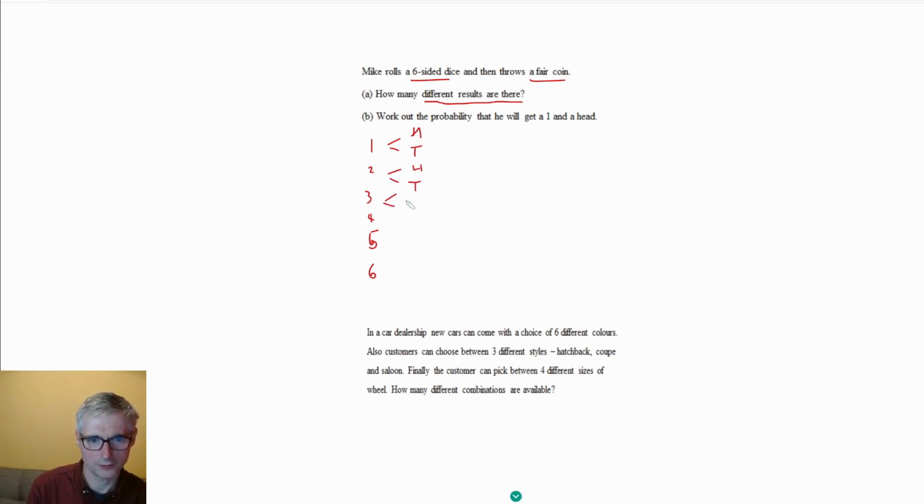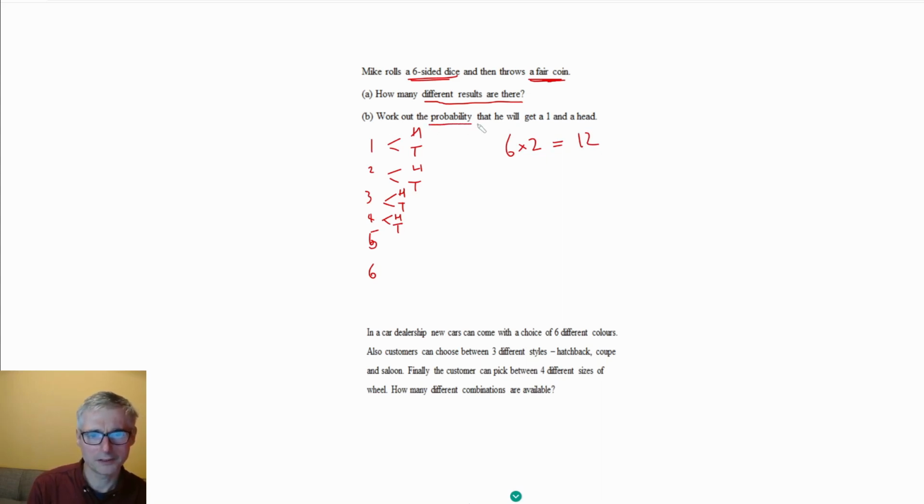I could write all this out, but since we've got 6 options for the dice, and for each option we've got 2 choices for the coin, heads or tails, it's just 6 times 2 different results, which is 12.